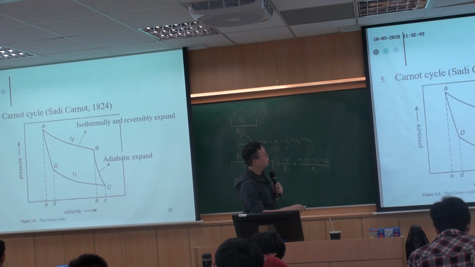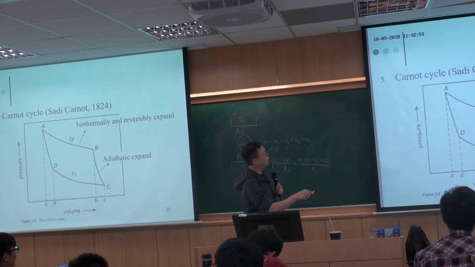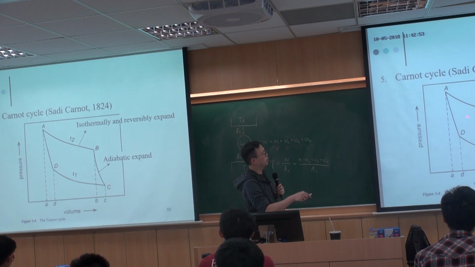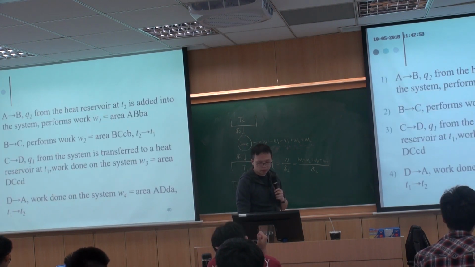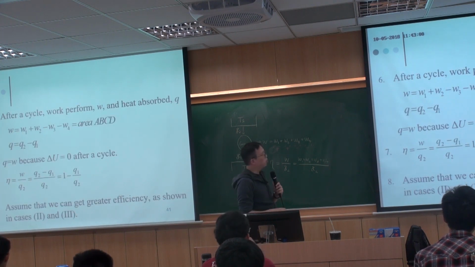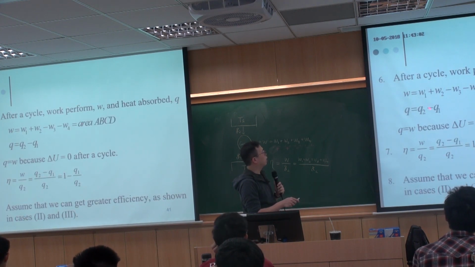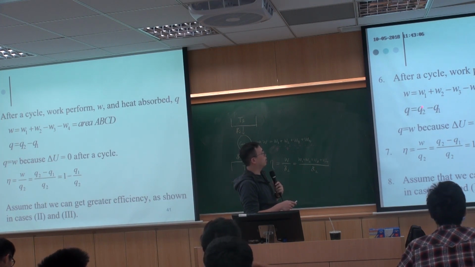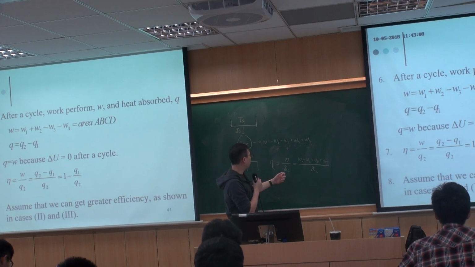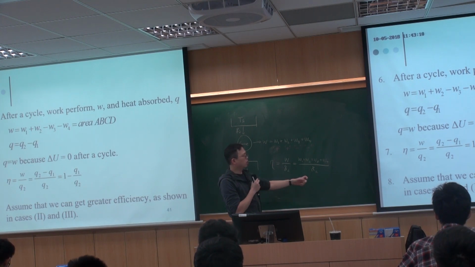So the work done for the Carnot cycle will be the area within this cyclic process. And we know that the total Q will be Q2 minus Q1, but it doesn't really matter at this point because what we want is Q2.